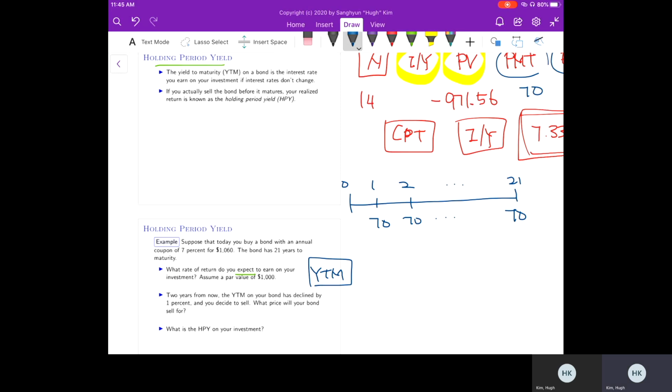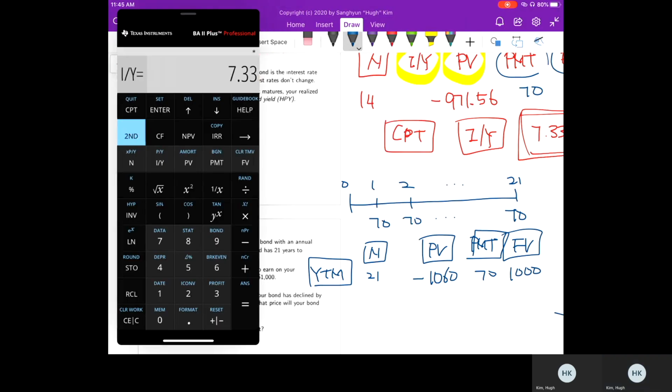So you can find yield to maturity using a financial calculator as before. Here, N is 21 and PV is negative 1060. PMT is 70 and FV is 1000. So let's clear TVM first.